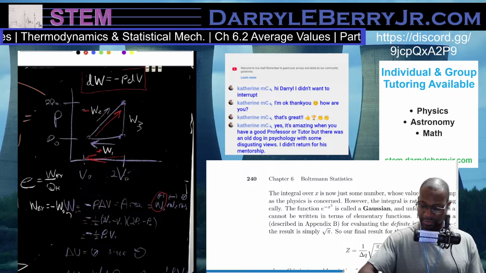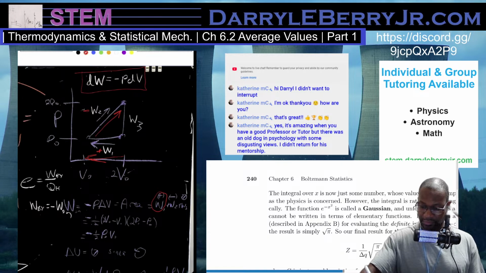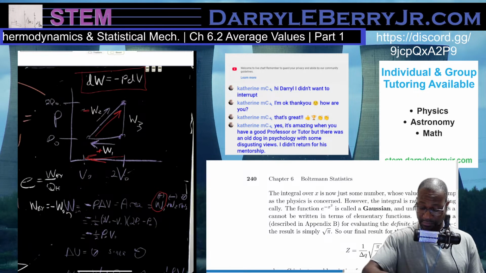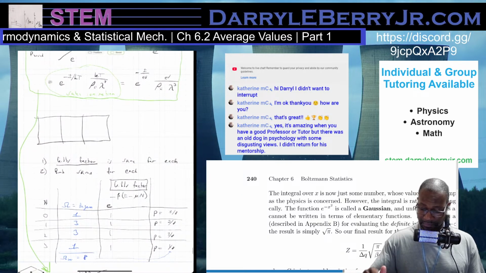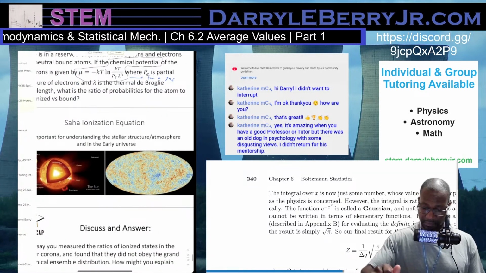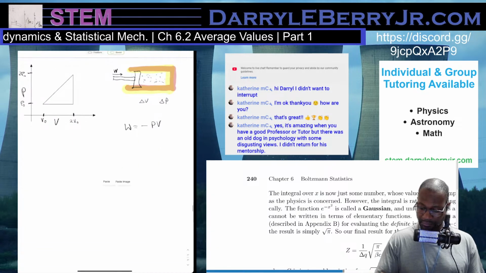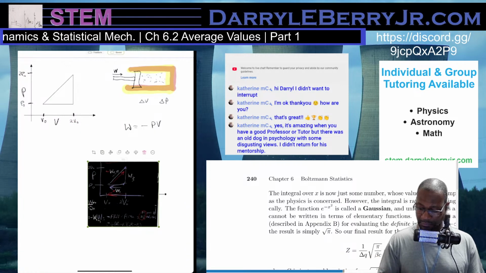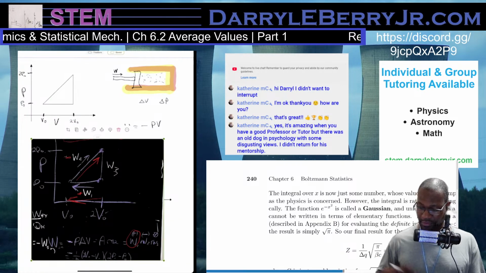And we're using this equation here. All right, I think that's what I needed. I'll copy this. All right, so we do work on the system. Didn't I say that?